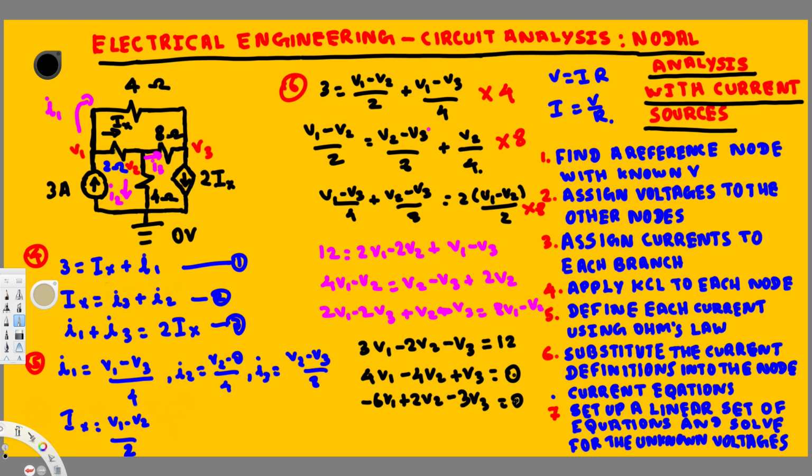Okay, it seems like there's a mistake right here. Let's see, 8v1, okay, this one's supposed to be 8v2. Here we multiply everything by 8, so I multiply v1 by 8, but I didn't multiply v2 by 8, so we are going to have 8v2, so that's going to make this one 9v2, right? So this is going to be 9v2.